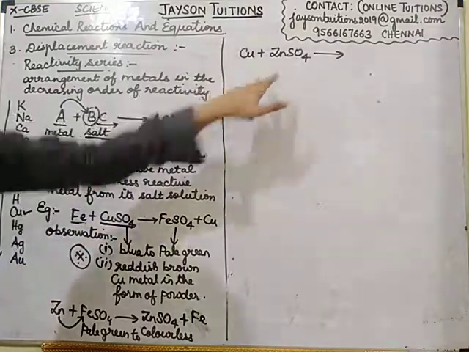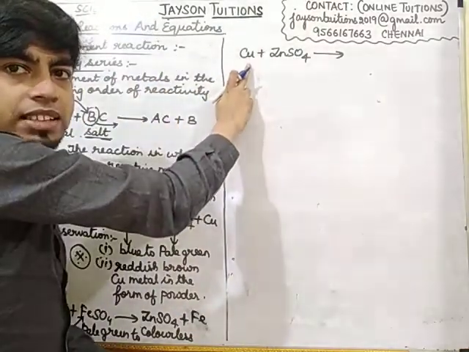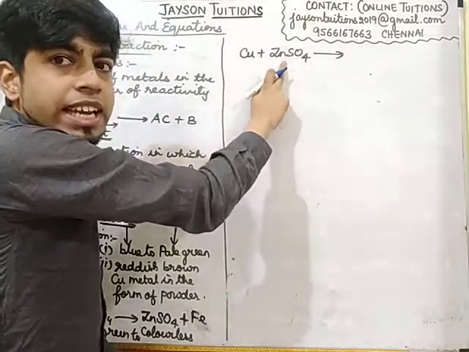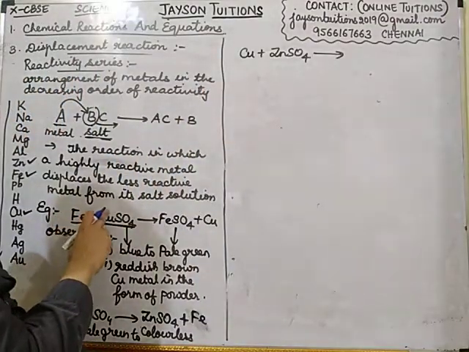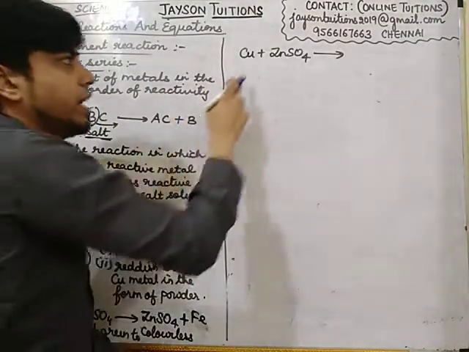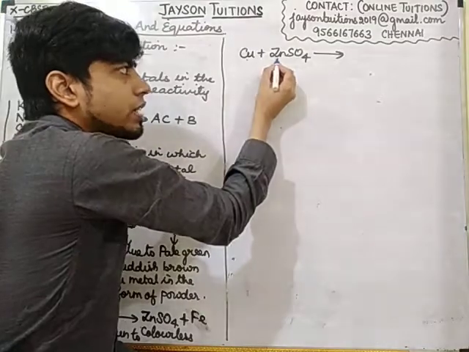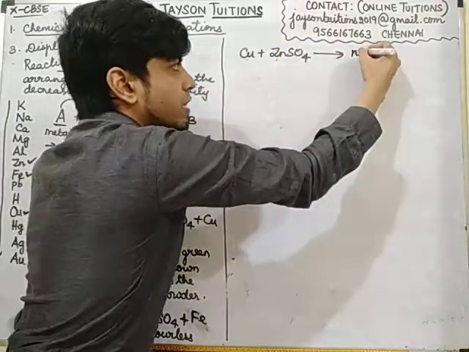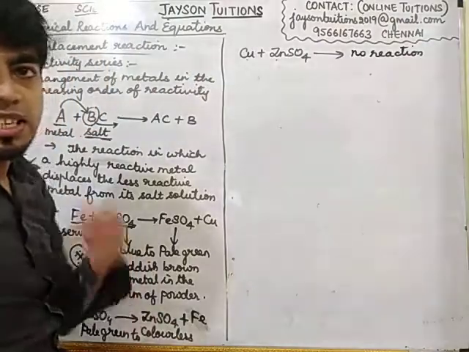Can a less reactive metal displace a highly reactive metal? No. Only a highly reactive metal can displace a less reactive metal. Copper is less reactive, so it cannot go to the position of zinc. So here there will be no reaction at all.